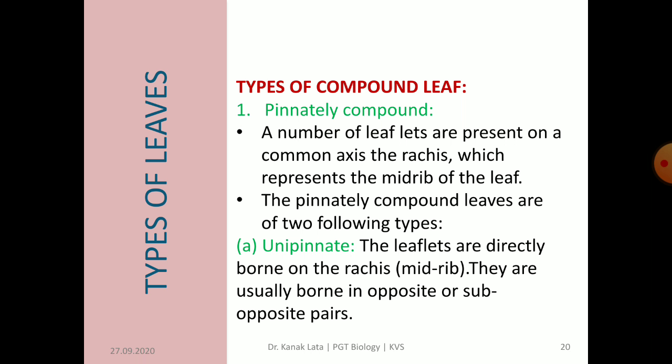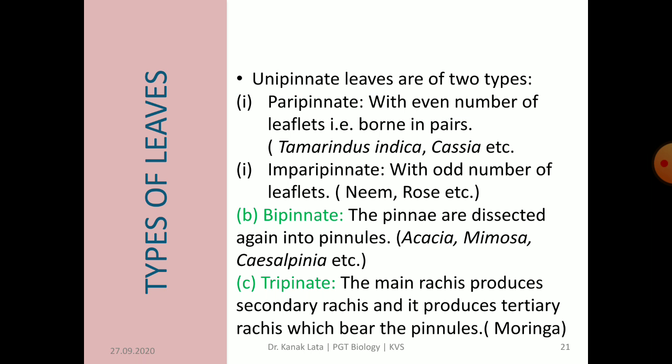In unipinnate, the leaflets are directly borne on the rachis, that is the midrib, and are usually borne in opposite or sub-opposite pairs. In paripinnate, an even number of leaflets are present, example tamarind, cassia, etc. Whereas in imparipinnate, an odd number of leaflets are present, for example in neem, rose, etc.